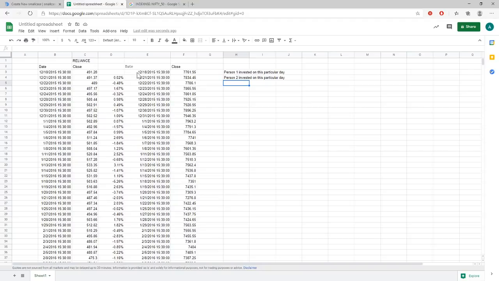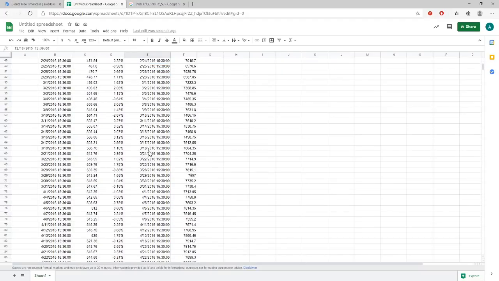So, person 1 on 18th, person 2 on 21st December 2015, and I'll assume that everyone invested in this particular portfolio for exactly 1 year, right? So, let me go to 17th December 2016.